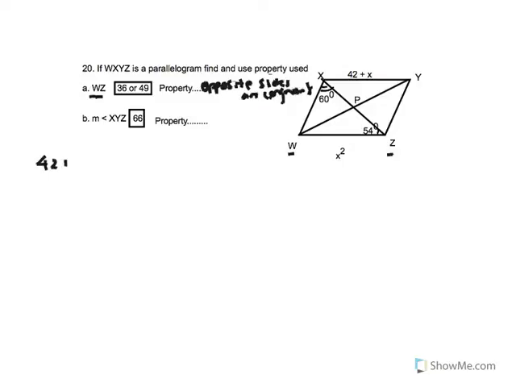So we get 42 plus x equals x squared. Minus x, we get 42 equals x squared minus x. Minus 42, minus 42. And here I get a quadratic.